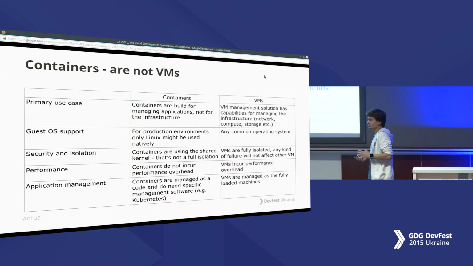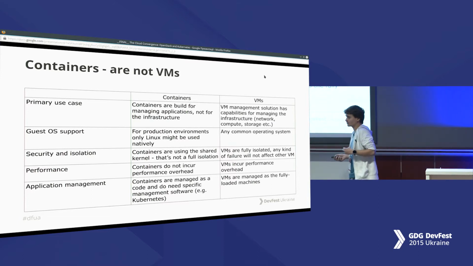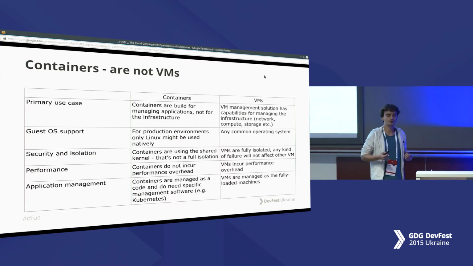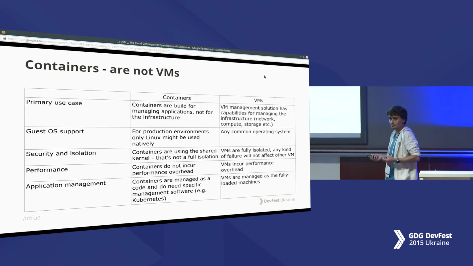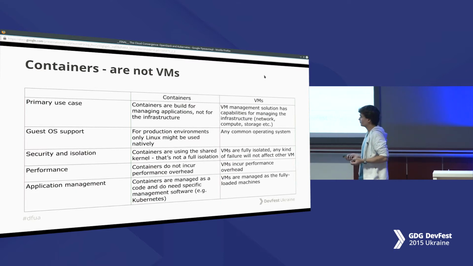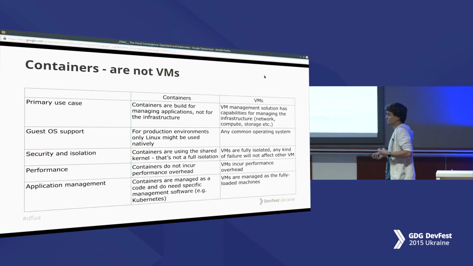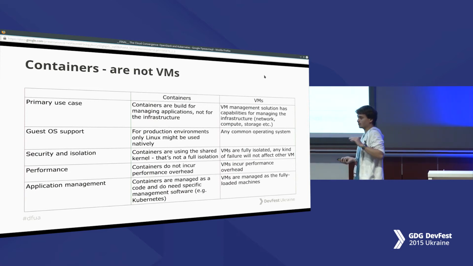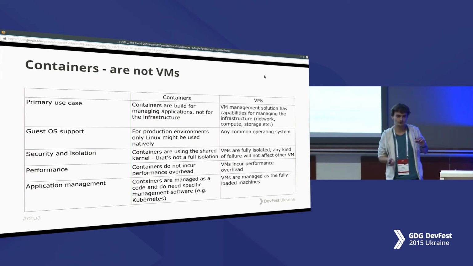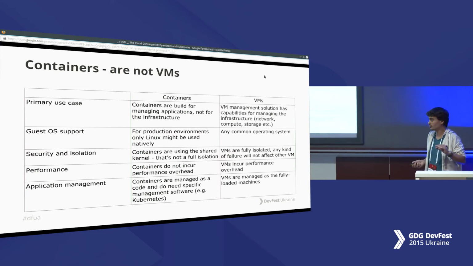When you use a container, you have no overhead because, from the point of view of the operating system, containers are simple applications, and resources are allocated only for the processes that are run in those containers.